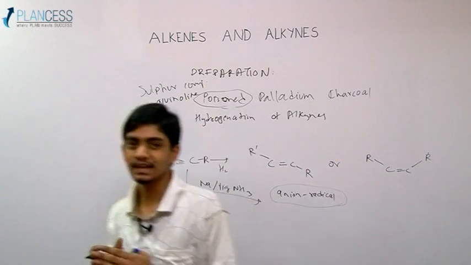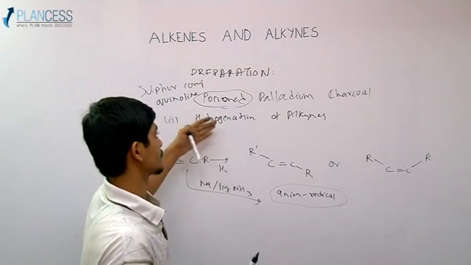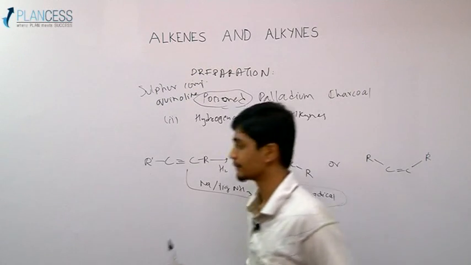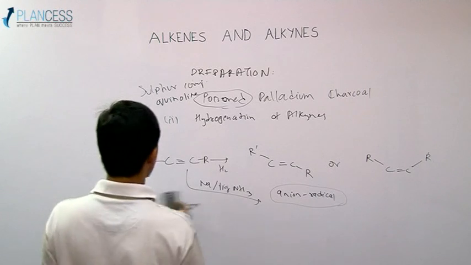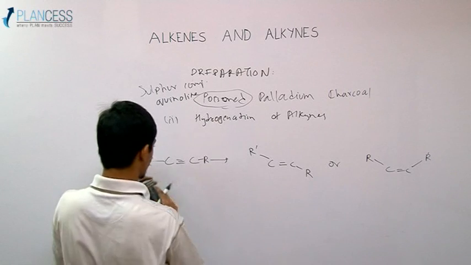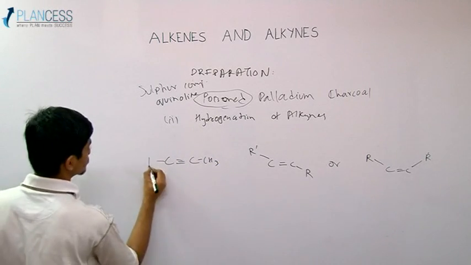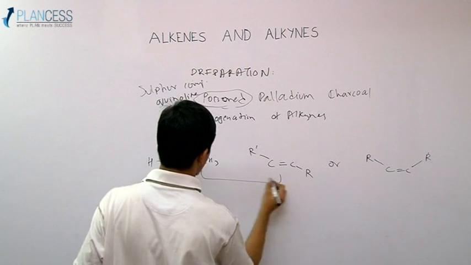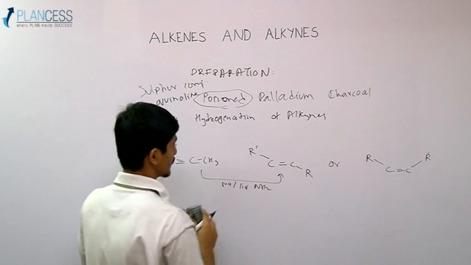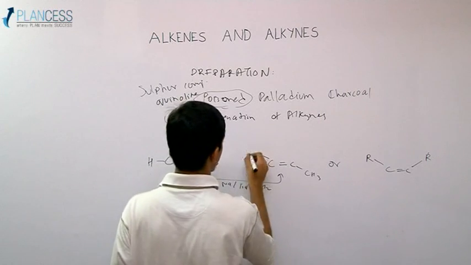But what exactly is the meaning of poison? The meaning of poison is they are slightly deactivating groups. That is, they will reduce the reactivity or the catalytic property of palladium. So, if you just want to write a specific reaction, suppose this is CH3 and this is H. Then if you treat it with Na and liquid ammonia, you get a trans alkene with CH3 like this and hydrogen here.